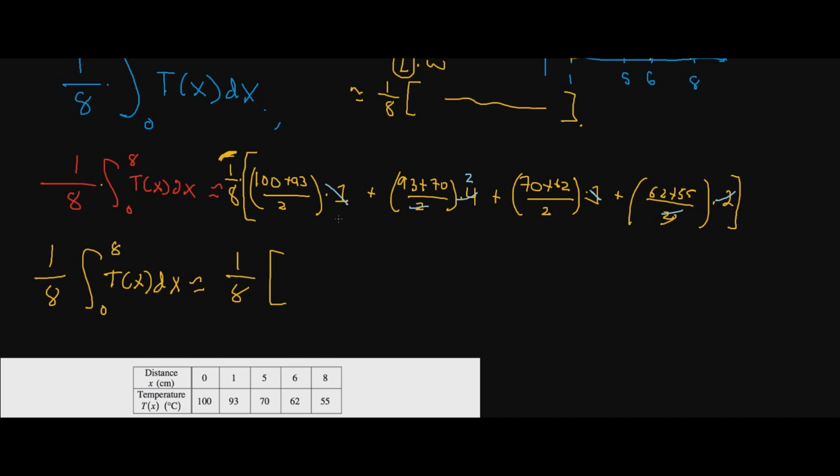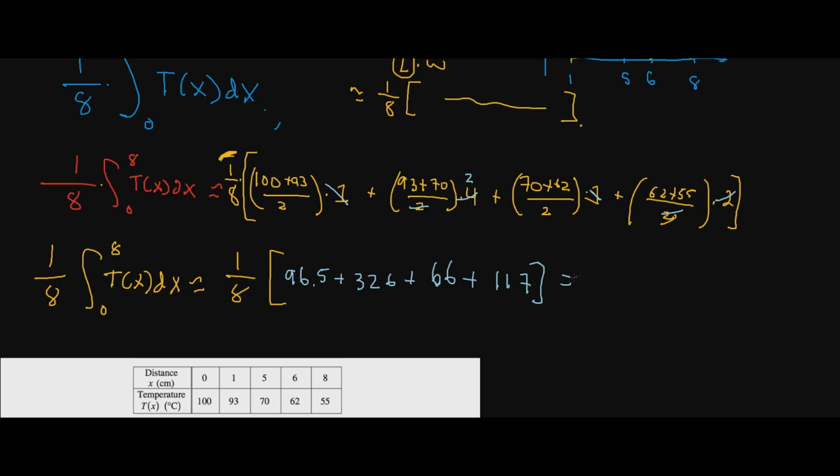So 100 plus 93 is 193, divided by 2 is 96.5, plus 93 plus 70 is 163, times 2 is 326, plus 70 plus 62 divided by 2 is 66, plus 62 plus 55, which is 117.